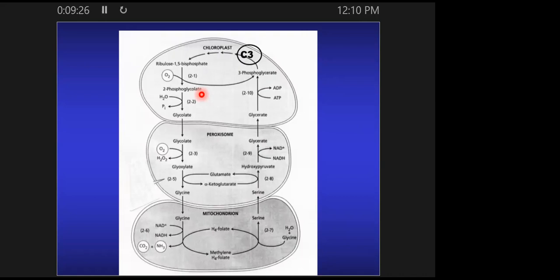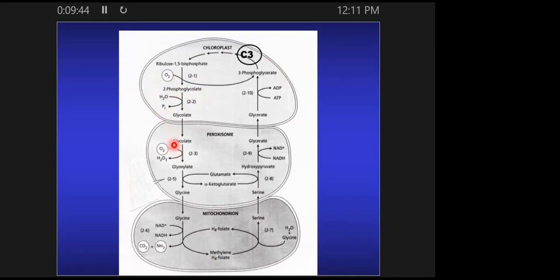So what you see here is the chloroplast, and the products from the chloroplast are feeding into the peroxisome. And so what you see here is phosphoglycolate getting converted to a glycolate. That's the one that's going to mobilize out of the chloroplast. It has to find the peroxisome, get in, and find the enzymes to convert it to glyoxylate and then to glycine.